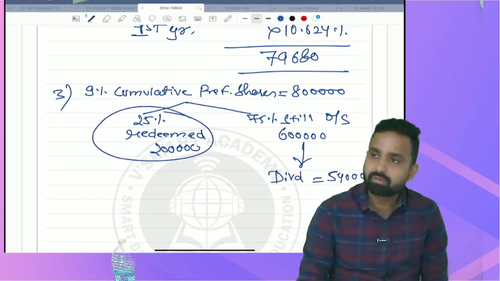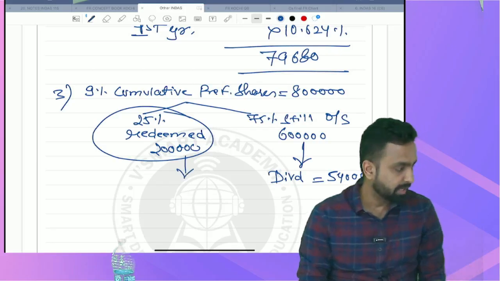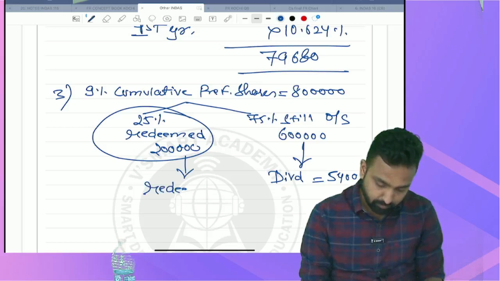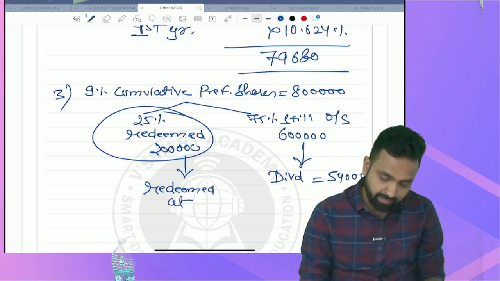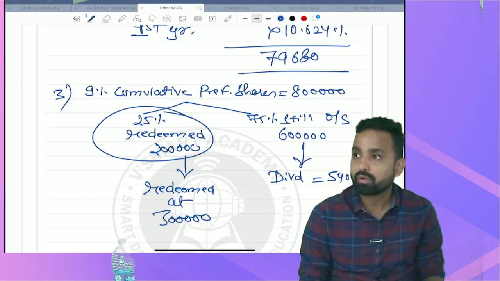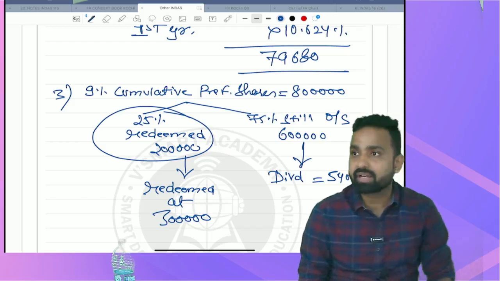This is redeemed now. The other part is redeemed now. At what value is it redeemed? Redeemed at 3 lakh.